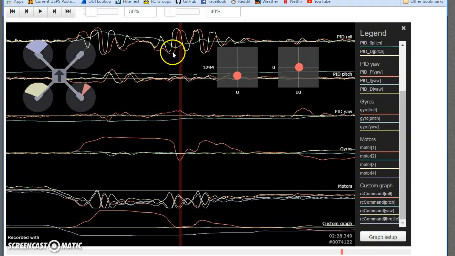If P term were overshooting and overreacting, I term would be opposing it, and it's not. So the fact that P and I here both agree that the copter needs to be slowing down means that P is not pushing hard enough and I is having error to pick up. So I doubt that there is excess P. Although again, these oscillations here certainly don't make me happy.